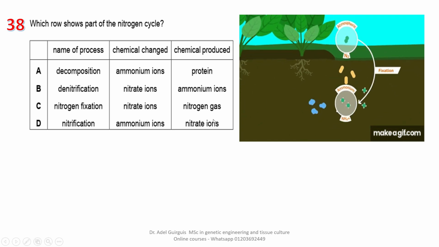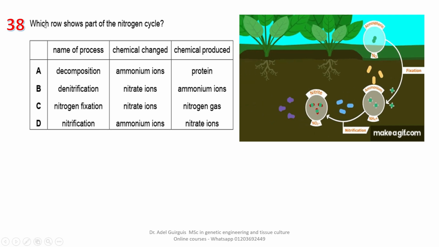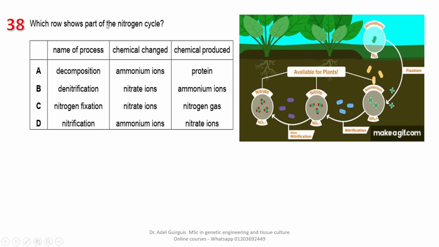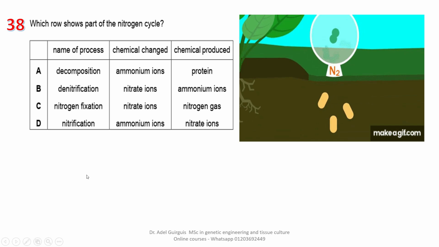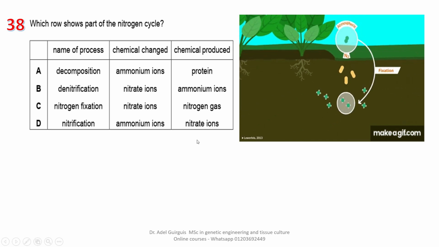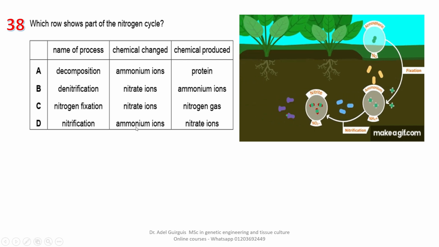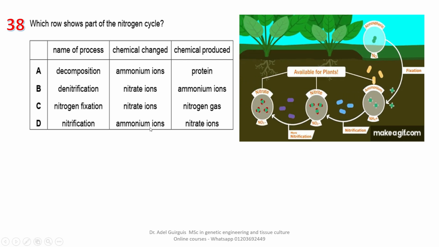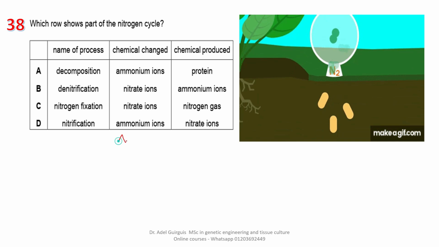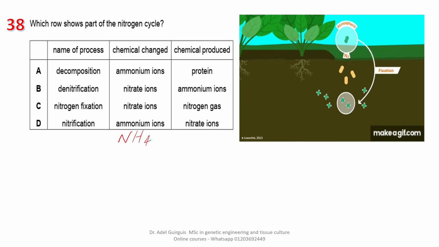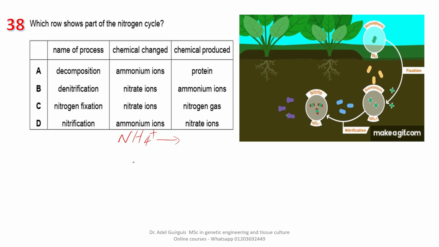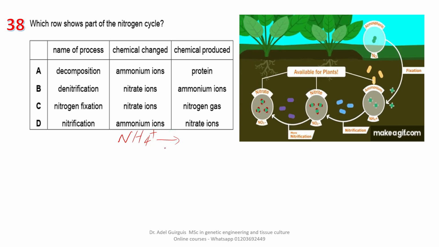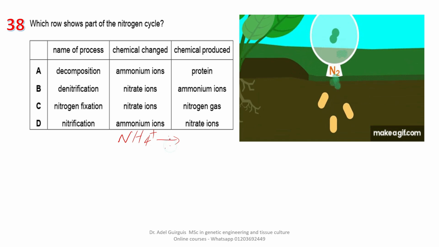Now look at the question again. Which row shows part of the nitrogen cycle? According to my discussion, in the nitrification process, ammonium ions NH4 plus are oxidized by nitrifying bacteria in two steps.